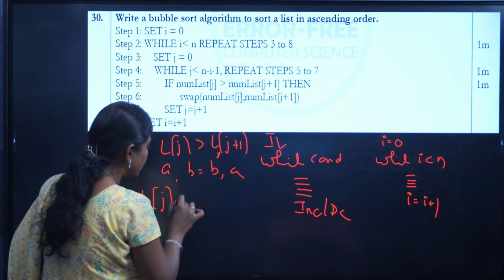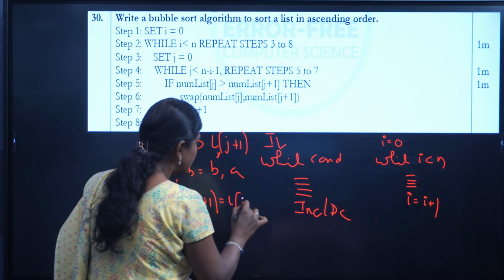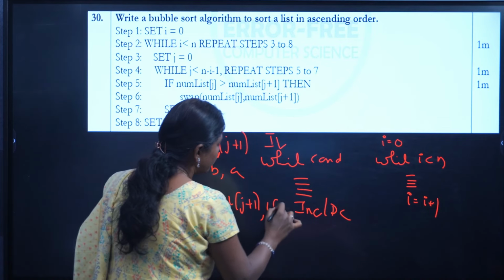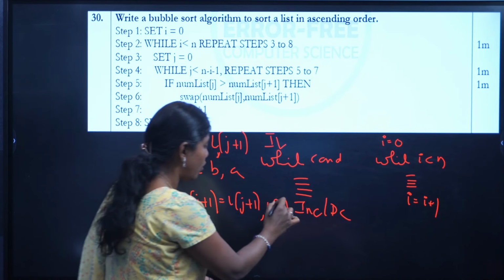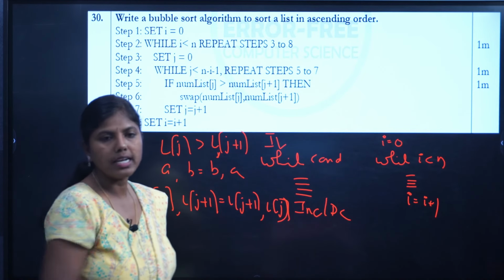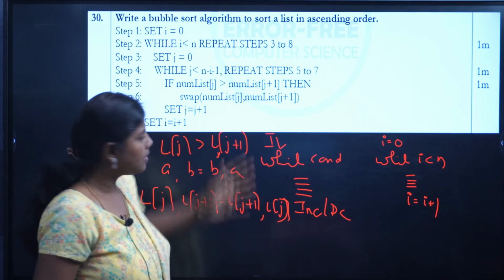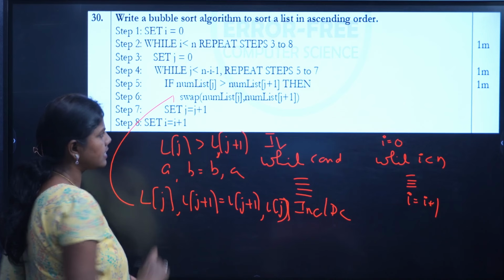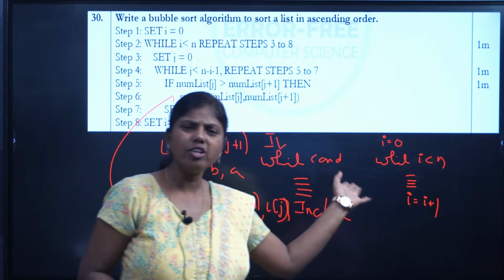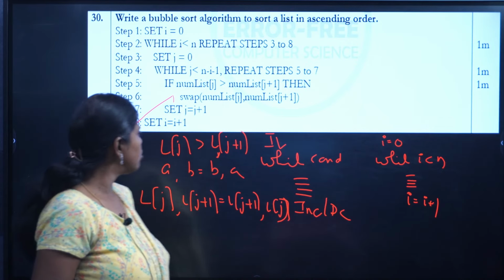L of J comma L of J plus 1 is equal to L of J plus 1 comma L of J. This is how I swap it. All square brackets, okay, all square brackets. By mistake it came out as parentheses. It's not a parenthesis, it's square brackets. So we swap it. You can show it like this, or just call one function called swap only. They have shown it like that. You can show it like this also.